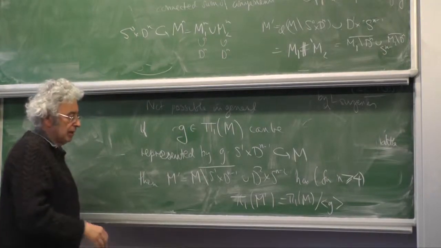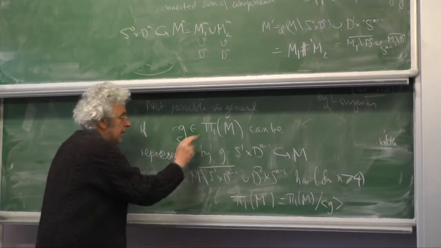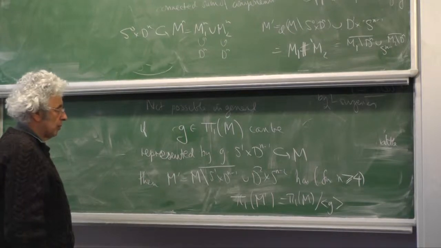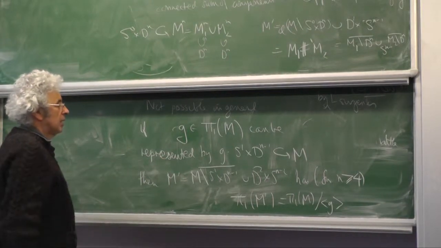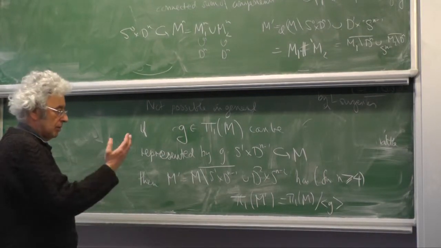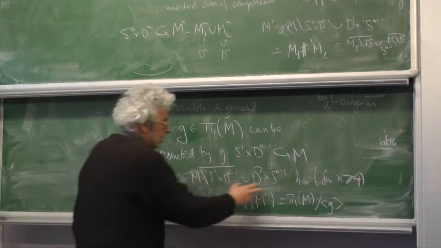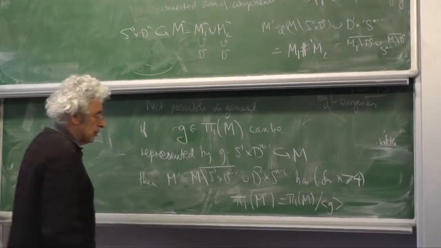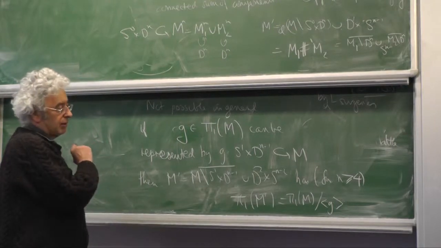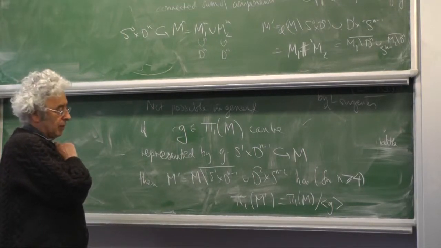So you can kill, if you can represent an element in the fundamental group by a framed embedding, you're laughing, you can do this, and by doing some kind of calculations, you can work out the effect on the fundamental group of this surgery.